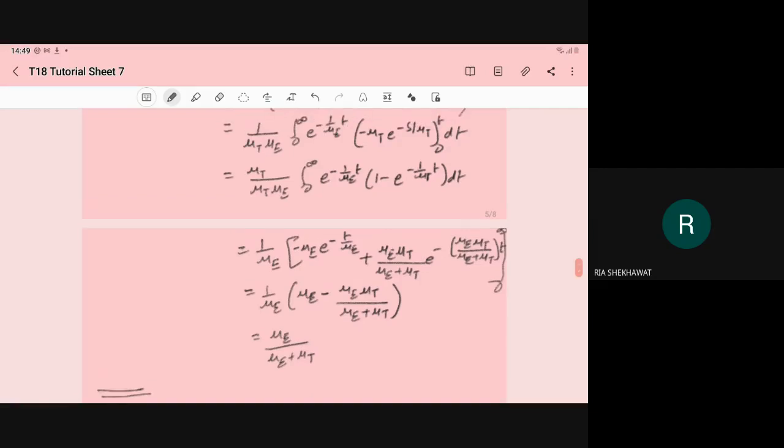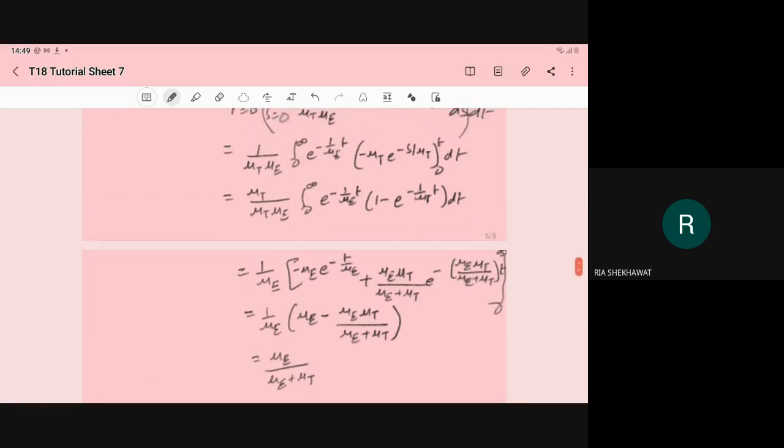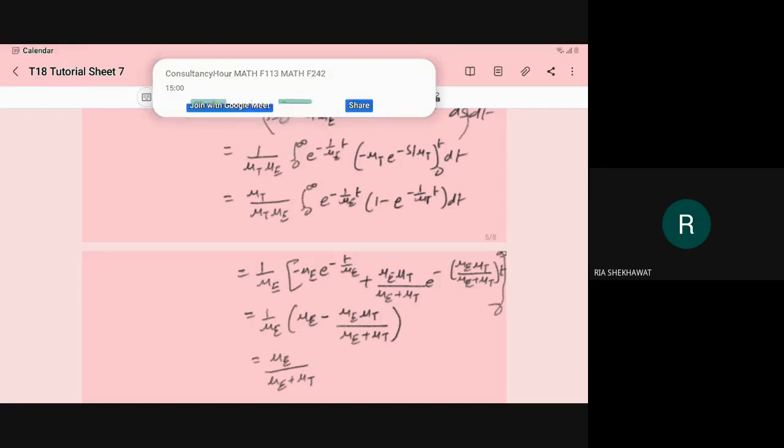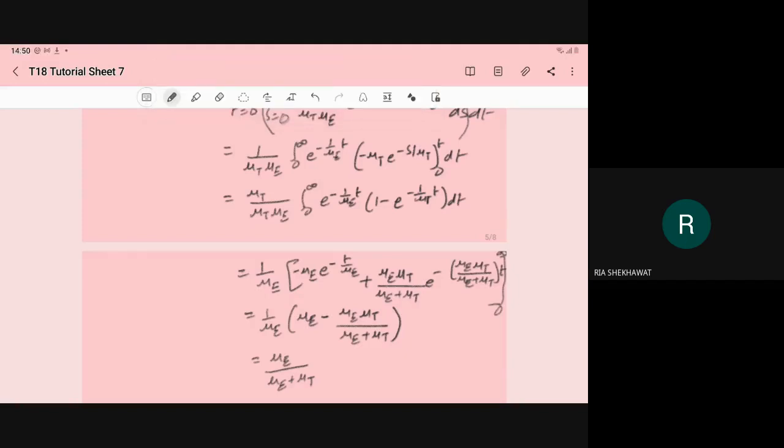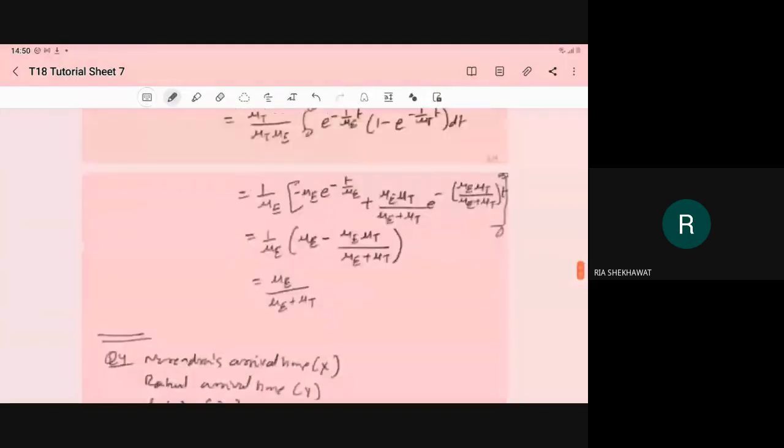So here we have a simple integration. On integration you will get mu e upon mu e plus mu t. You can check, and if you feel any problem you can ask, otherwise it is a simple integration. So here we have the required probability.